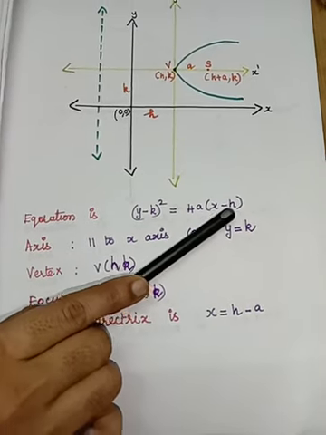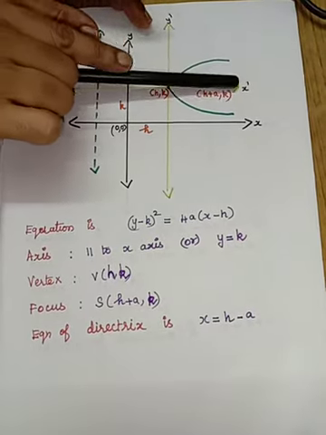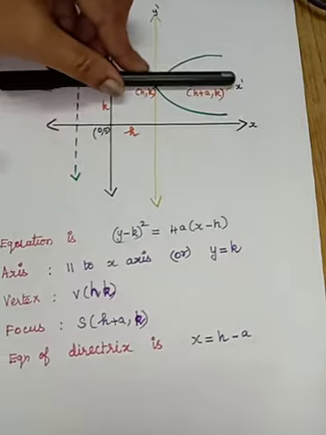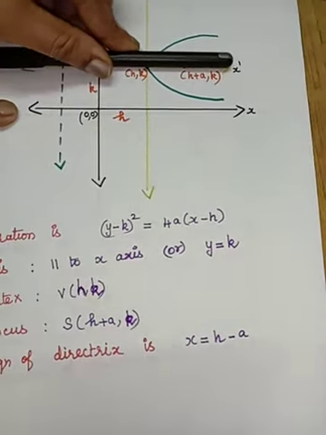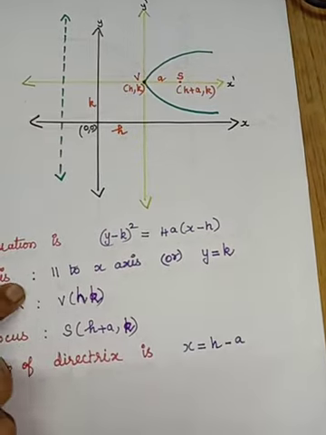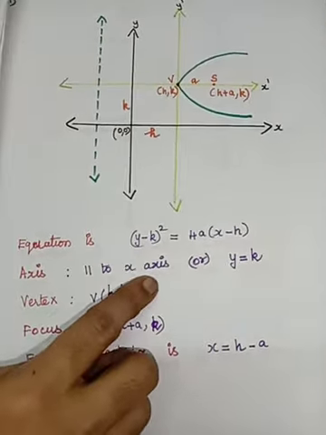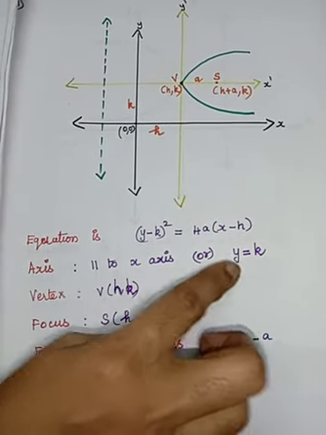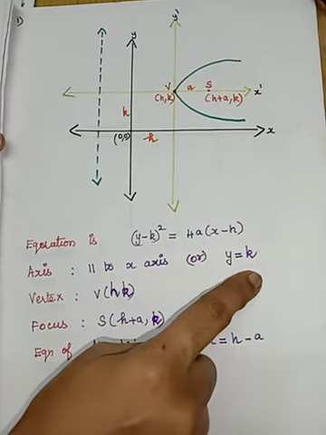Now the axis, which divides the parabola into two equal parts, is parallel to the x-axis. So the axis of symmetry is parallel to the x-axis. Parallel to the x-axis means the equation is y is equal to some constant. Here the constant is k, so I have written y is equal to k.